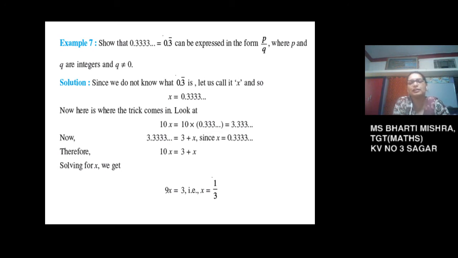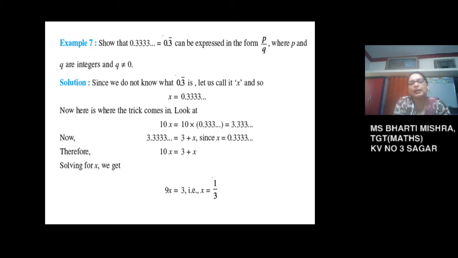Let us suppose that this number is x. So x is equal to 0.333 and so on. So what we are going to do is, let us use a trick. We are multiplying both the sides. Now this is an equation. So we are multiplying both the sides by 10.